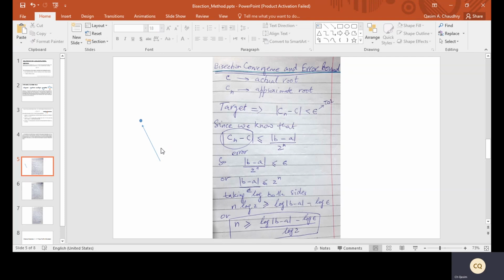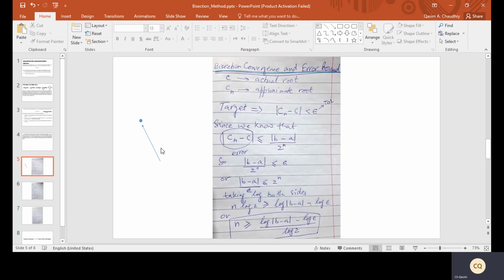So now you will use that concept of tolerance which I already told you. In simple words, tolerance means, one thing is your actual root, and in the beginning, in the equation, you don't know the exact value of the root.